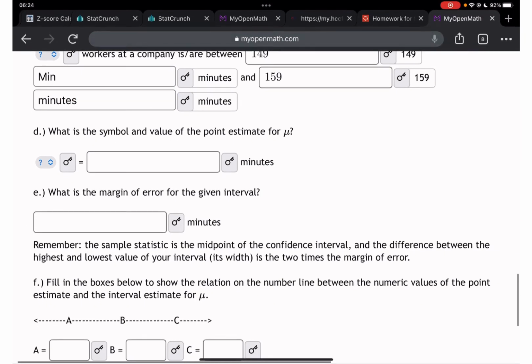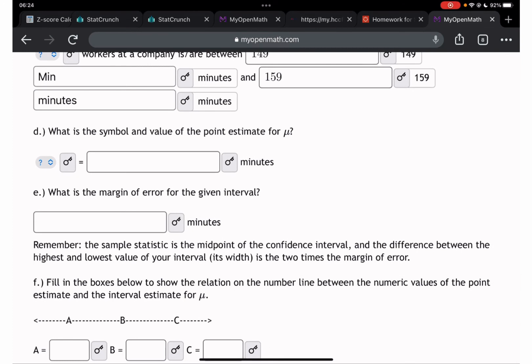Okay, question number D. What is the symbol and value of the point estimate for mu? Since mu is the mean for the population, the point estimate is going to be the mean for the sample, which is x bar. There we go. And x bar is the point estimate.